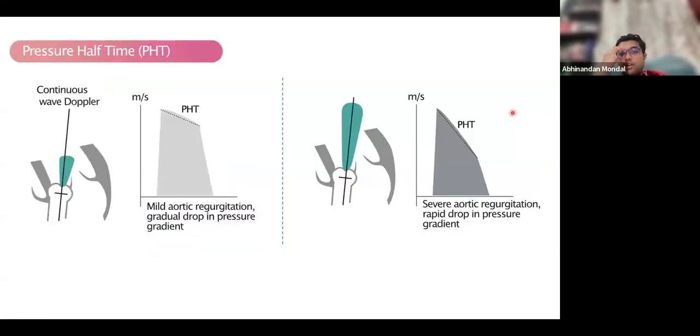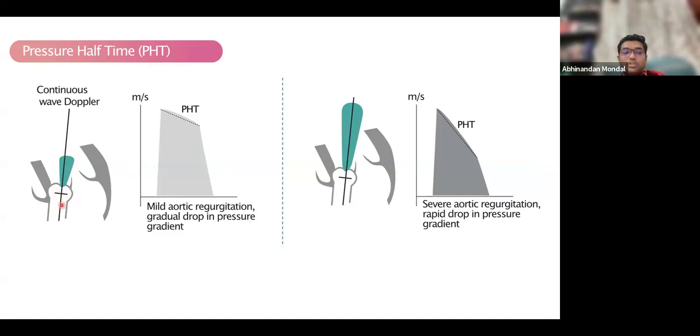So pressure half time, the thing I was discussing just before. What is pressure half time? During aortic regurgitation, the blood flows back from your aorta to your LV during diastole.